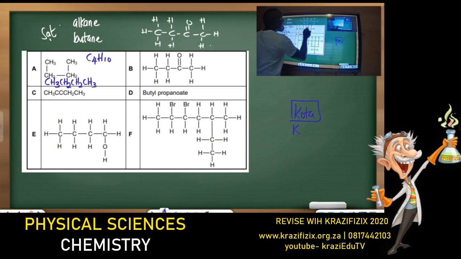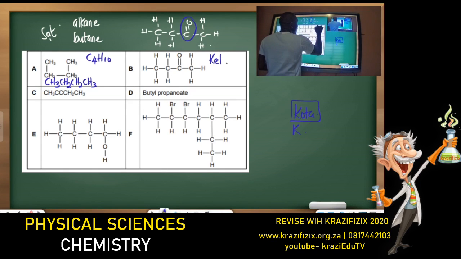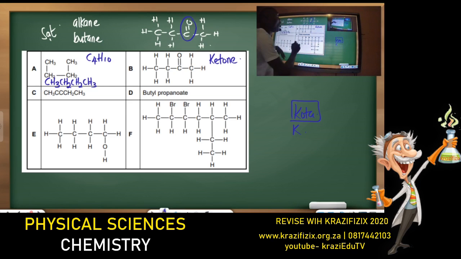So that's my ketone because my functional group is sandwiched. So this is a ketone. But how many carbon atoms? I've got 4, so this is butane. Carbon 1, carbon 2, it's on carbon number 2, and it ends with -one. So it's butan-2-one.